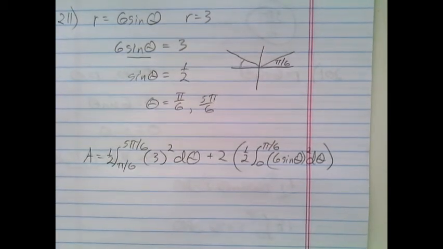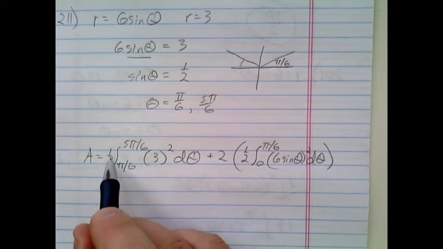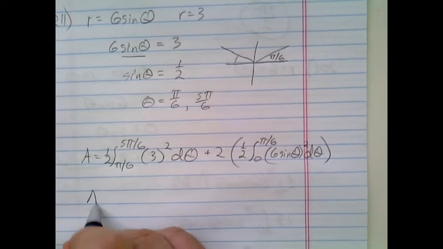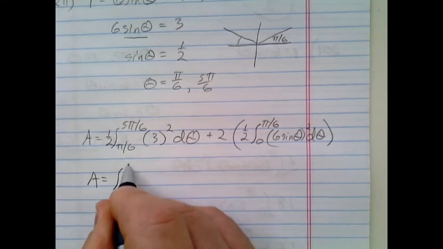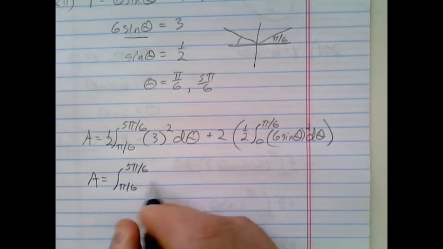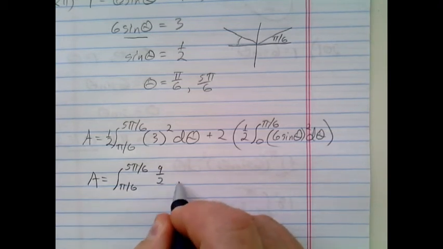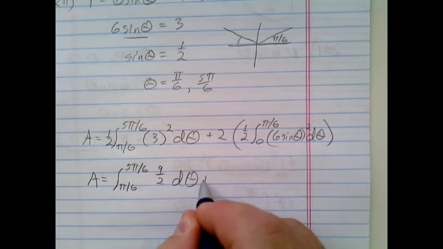Let's work it out. 3 squared is 9, times 1/2, that's 9 halves. So, integral from pi over 6 to 5 pi over 6, 9 halves d theta.